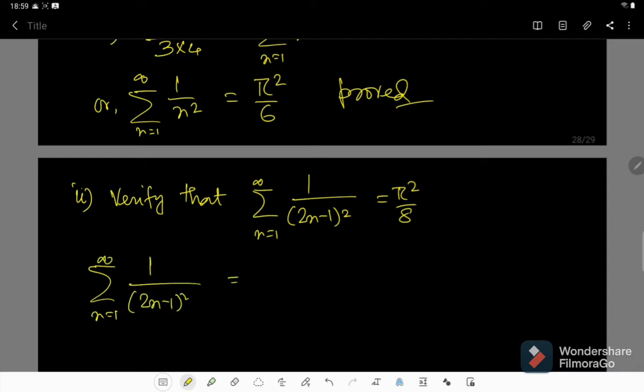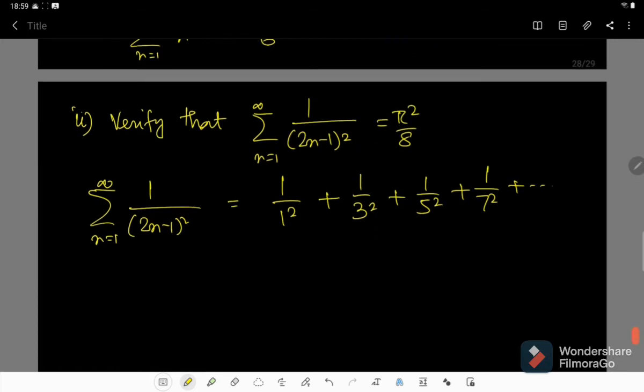You can see that this is basically 1 by 1 square plus if we put 2, then it would be 1 by 3 square, then if we choose n equal to 3, then 1 by 5 square, then 1 by 7 square, and so on. So all these terms are odd numbers. So I can write this 1 by n square, which involves even and odd numbers, minus of only the even numbers.